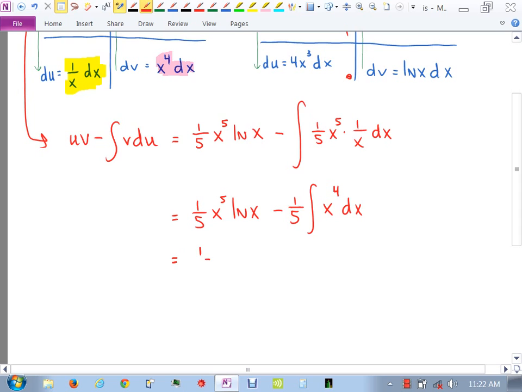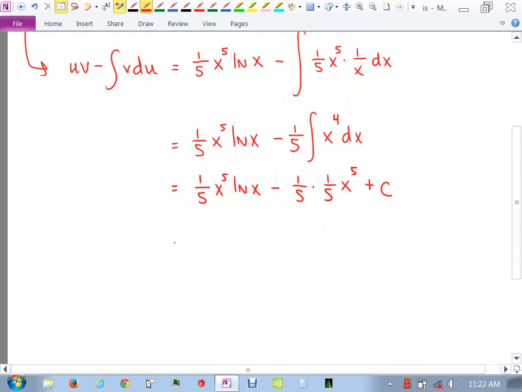So I'm ready to take my antiderivative there. So I'll have 2 1/5ths, won't I? So minus 1/25 x to the 5th plus c.